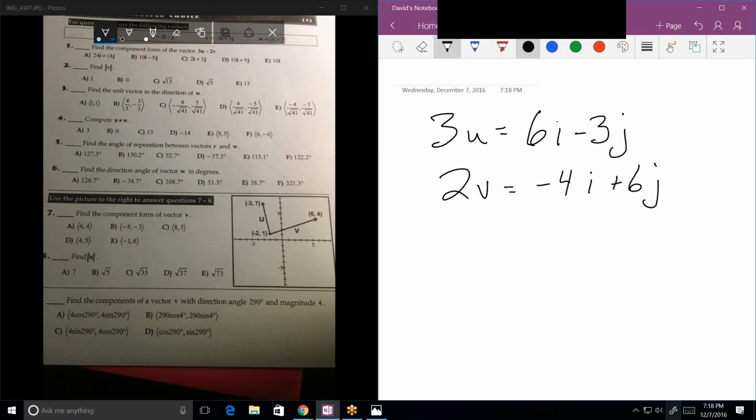Yeah. And now you're subtracting the 2v from the 3u. Subtract individual components. The i is the horizontal component, the j is the vertical component. So it'd be 10i plus 9j, which is an answer. Yes, that is the answer. Sweet.